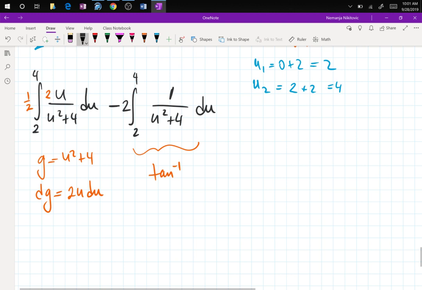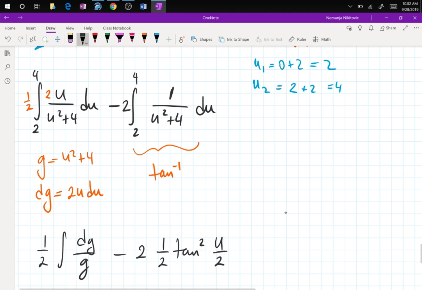So we have 1/2 integral of dg over g, minus 2, and then we have inverse tangent, so it's going to be 1/2 inverse tangent of u over 2.